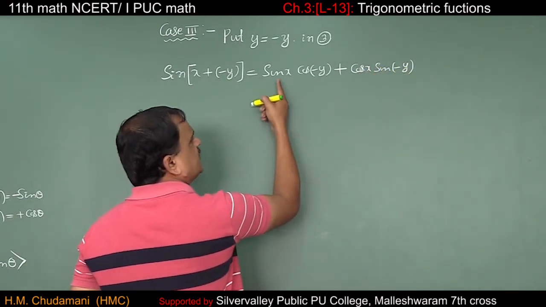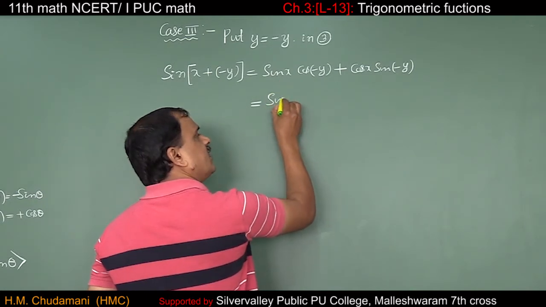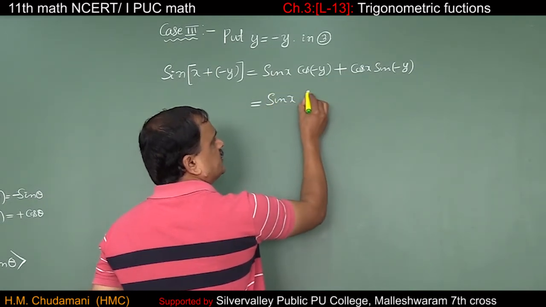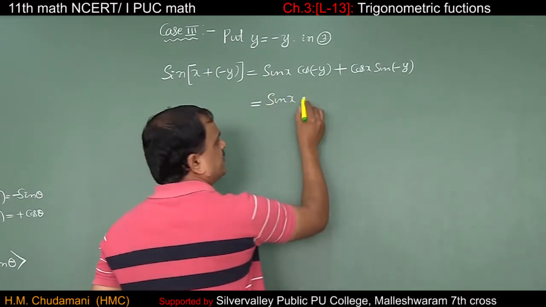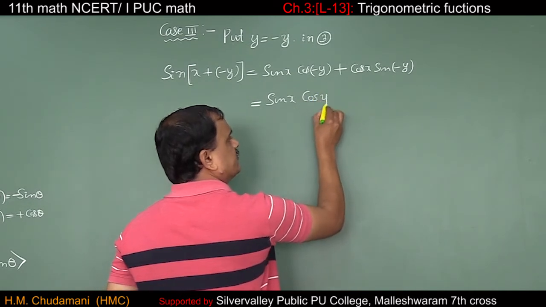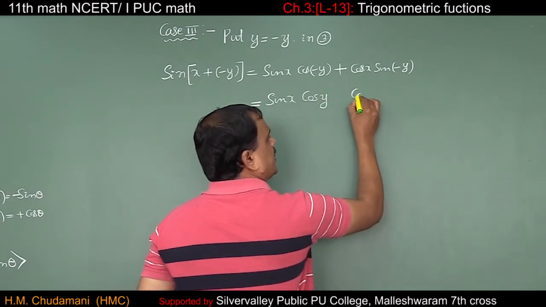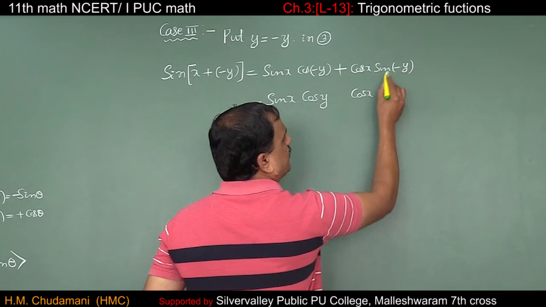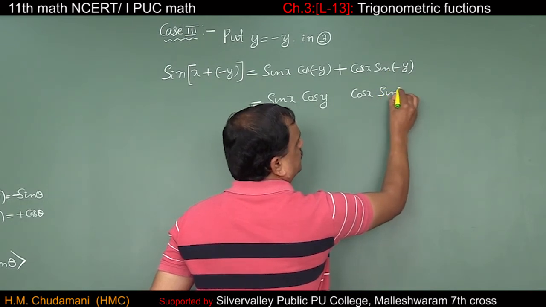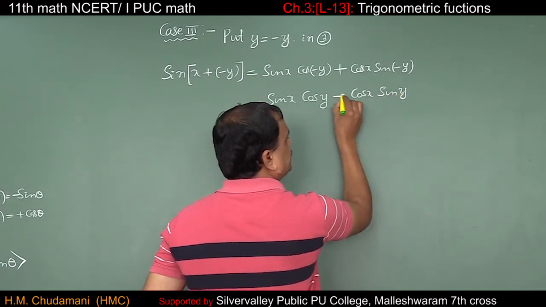What is cos of minus y? Cos of minus y means plus cos y, fourth quadrant. Cos x into sin of minus y means minus sin y, plus into minus is minus.